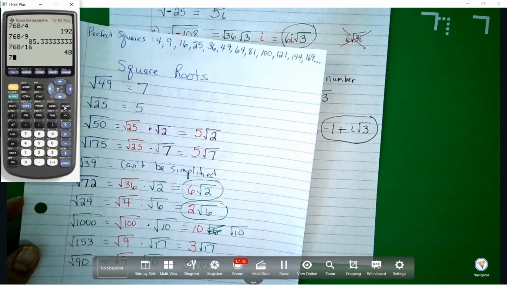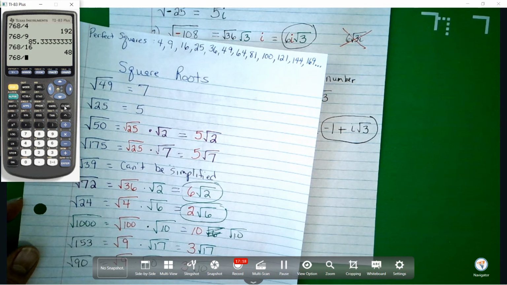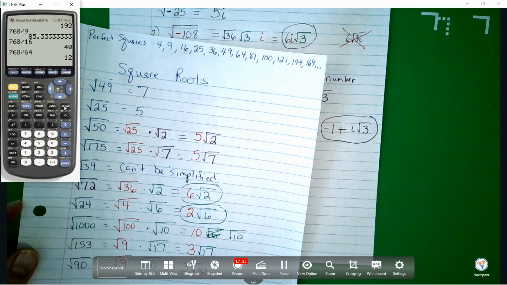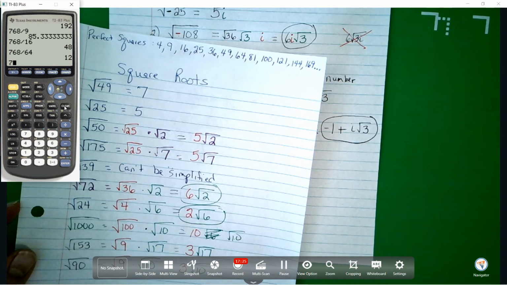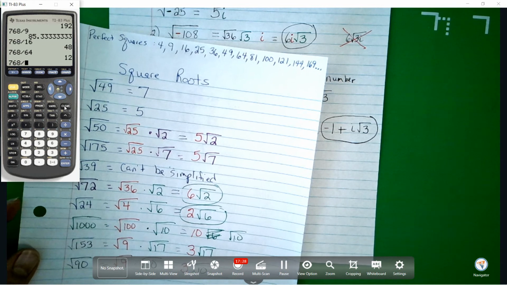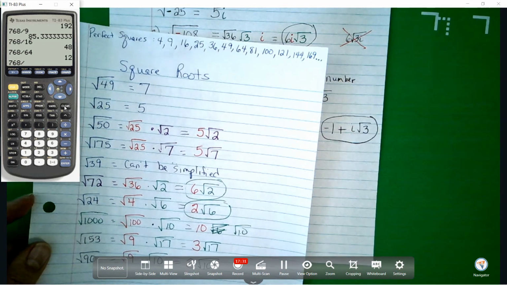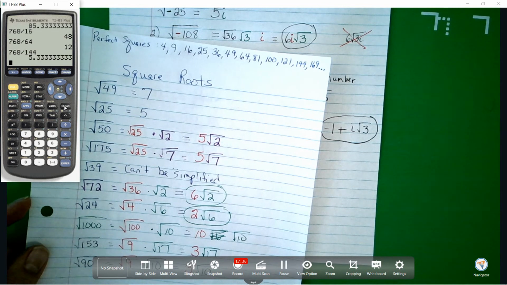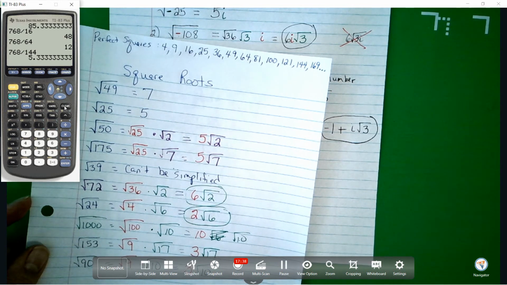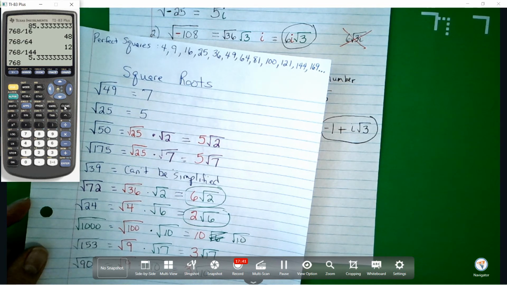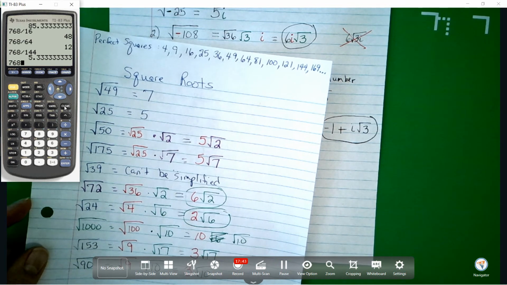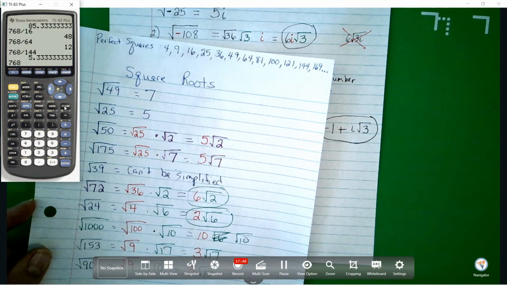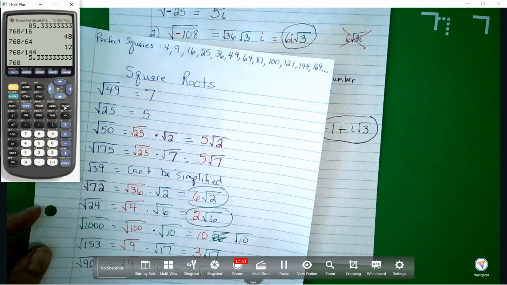What about 64? 768 divided by 64. What's that? Oh, 12. I'm just looking at these perfect squares. Does 144 divide evenly into 768? No. Oh, it's going to be a much bigger number.